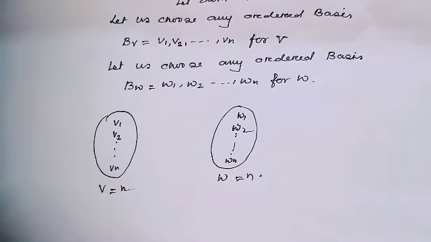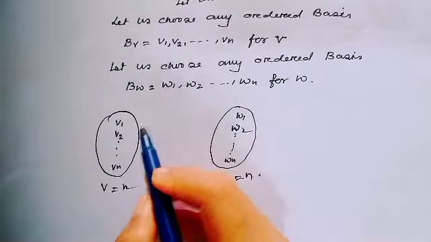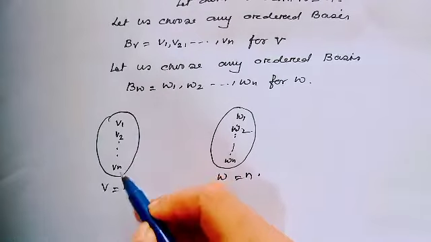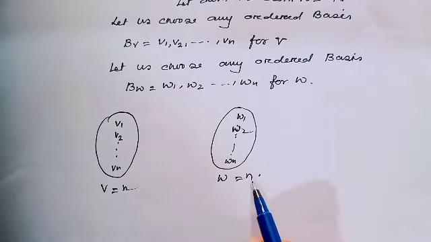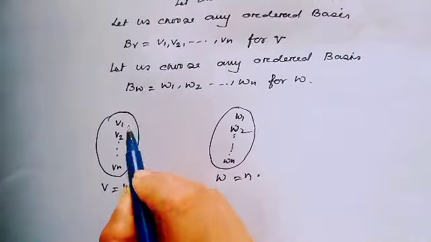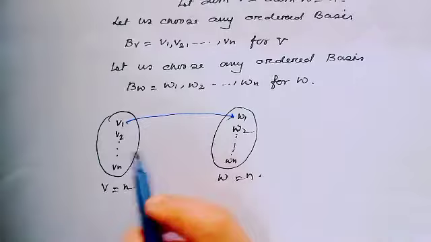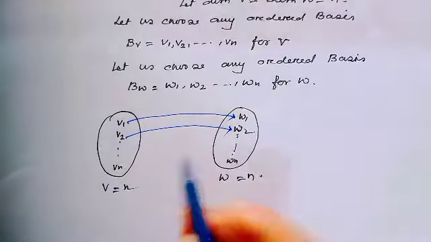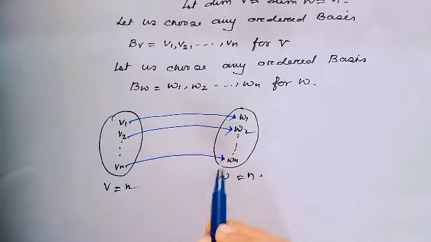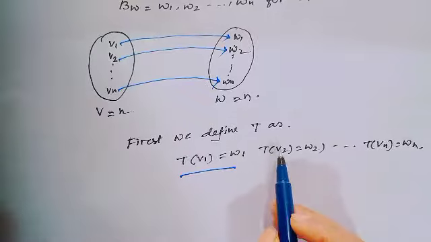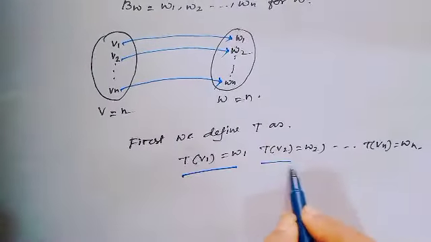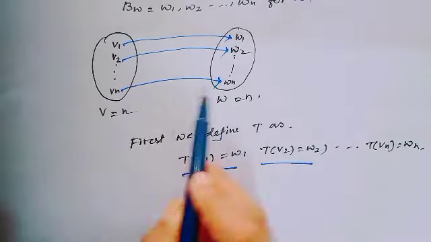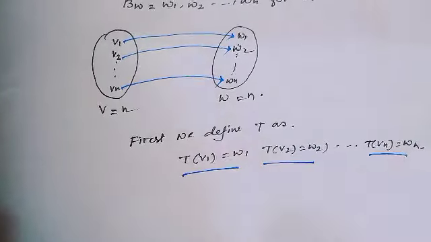The mapping is such that v1 maps to w1, v2 maps to w2 and vn maps to wn. So first define T as T v1 equal to w1, T v2 equal to w2 and T vn equal to wn.